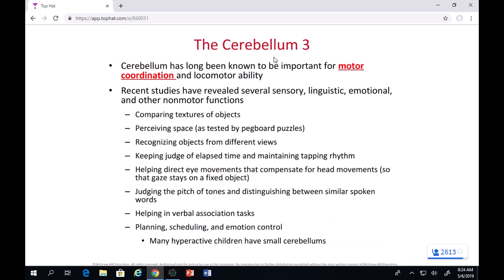When we think of the cerebellum, I want to emphasize motor coordination. More than anything else, our cerebellum allows us to have motor coordination. There's a condition associated with chronic alcoholism.